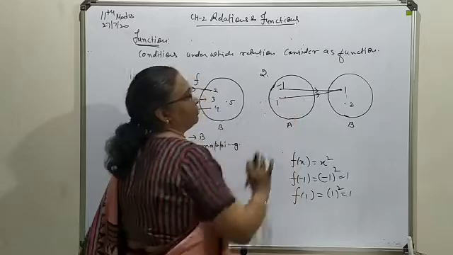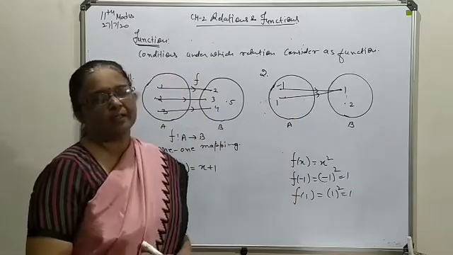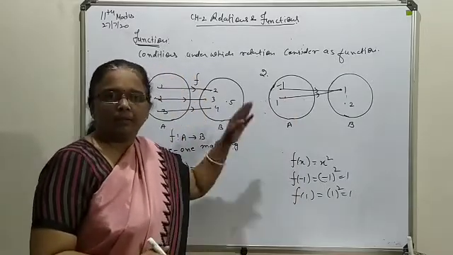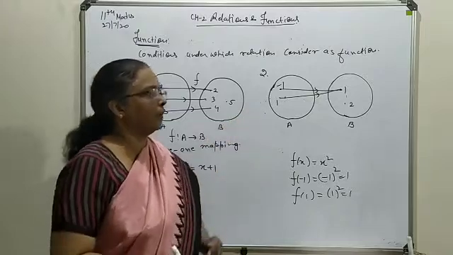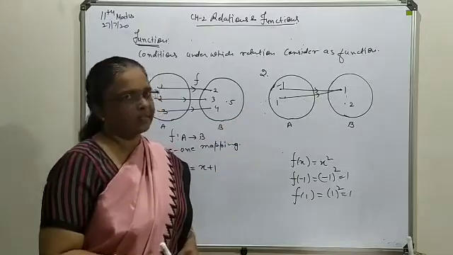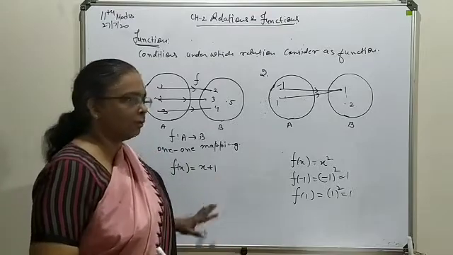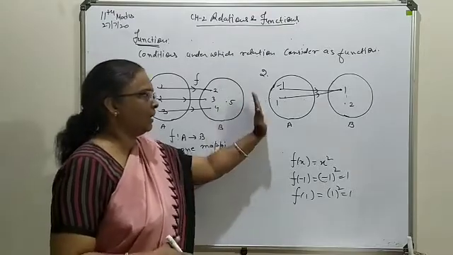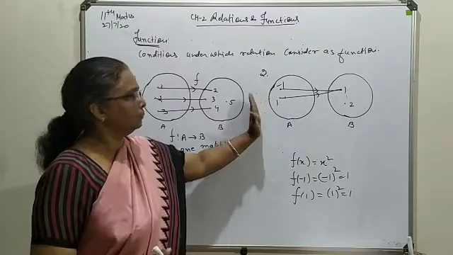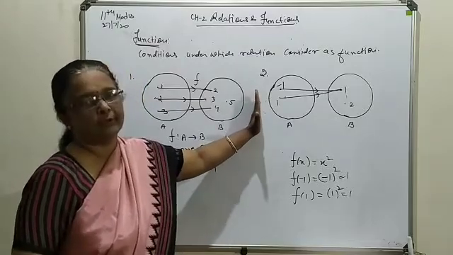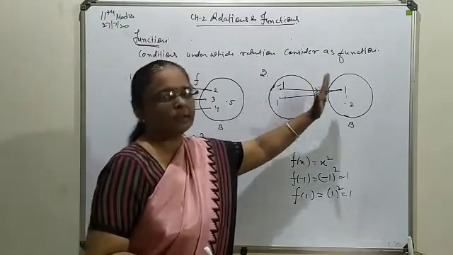That type of combination is also considered a function, and it is normally called a many-one function or many-one mapping. As the name says, in the domain we have more than one element which forms a single image.